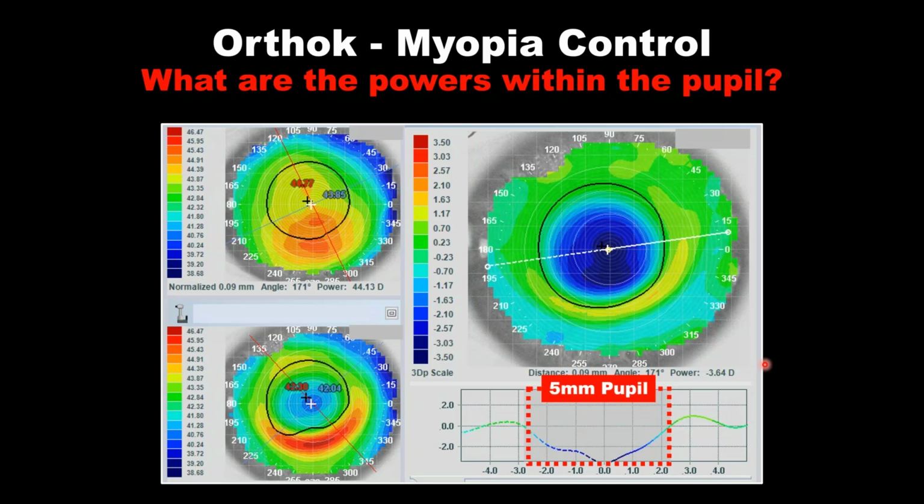But is this a good myopia controlling outcome? What do you see in the topography that would indicate whether you've done a good or bad job of this topography? And that's where we might focus in on the pupil here. This dark gray area, you notice where it defines the surface area within the pupil. So what we do then is focus in on 0.0.